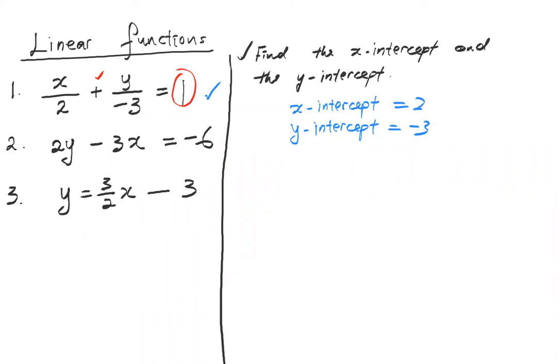So if the question is set in such a way, find the x-intercept and the y-intercept, I will prefer my teacher to give me the first form instead of the second form. If you give me the second form, then I have to do something else. I have to work a lot, because from the second form I cannot extract the x-intercept and the y-intercept straight away.